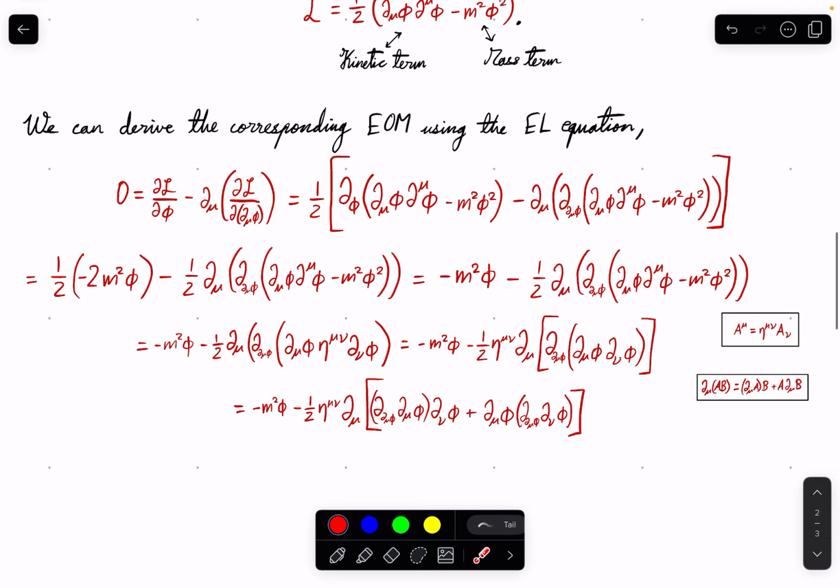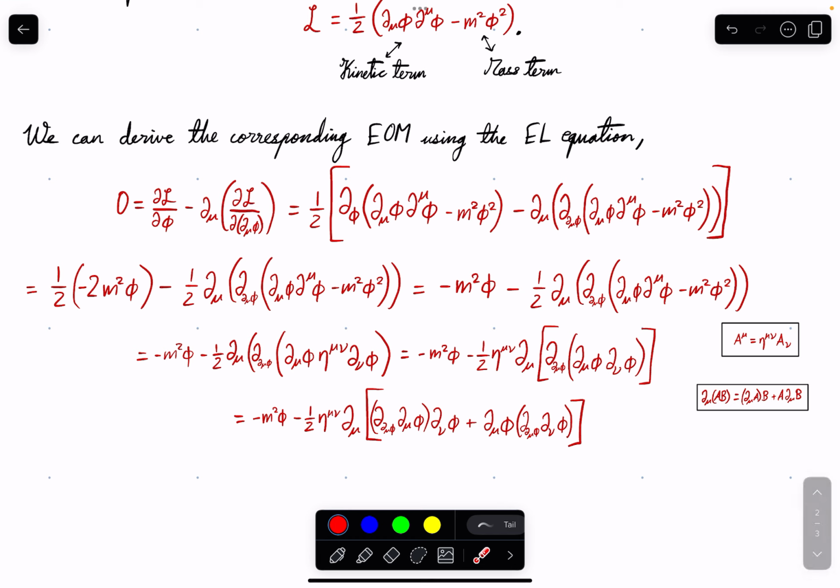Here I need to make sure. I'm looking at my notes here, and I noticed that I missed a minus sign at some point. So I'm trying to make sure that I got the minus sign correct. Yeah, no, cool.